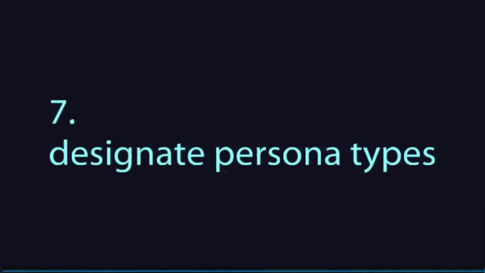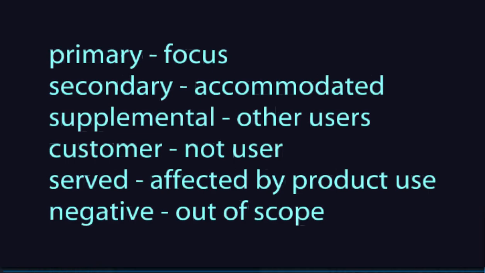And we designate persona types. So the one type that you're required to do is the primary persona. That's the focus of your design. The secondary persona is somebody who's accommodated by your design but is not the focus.